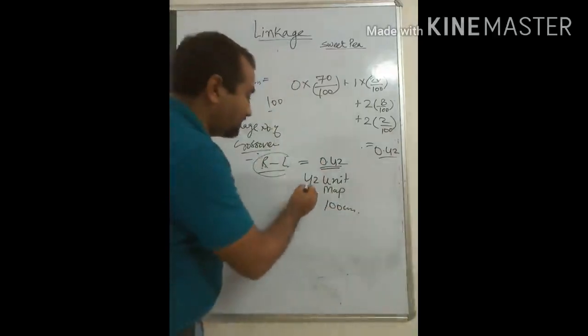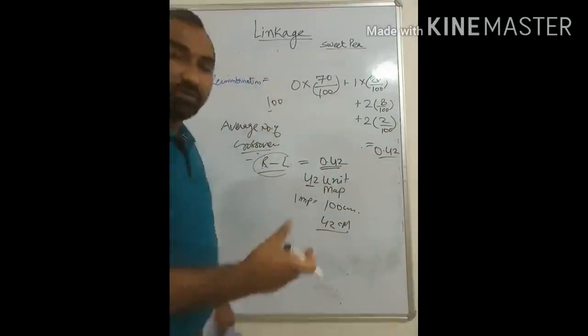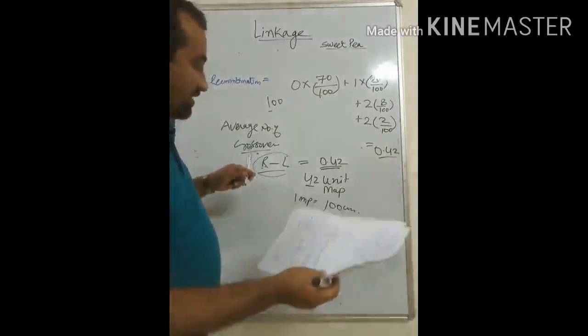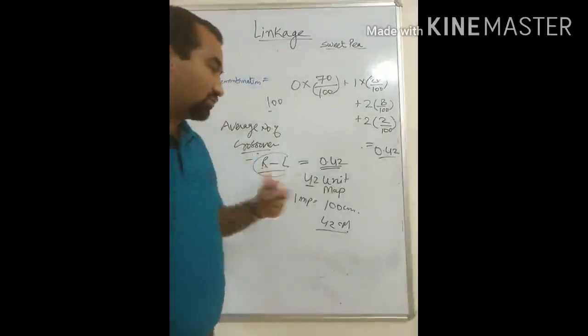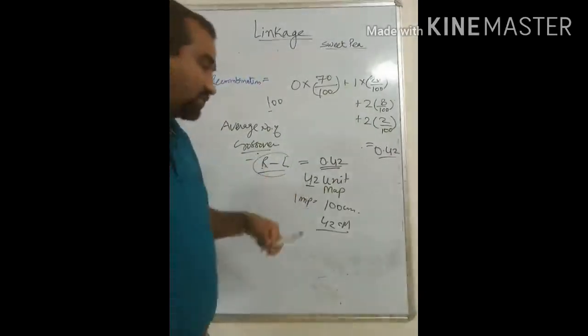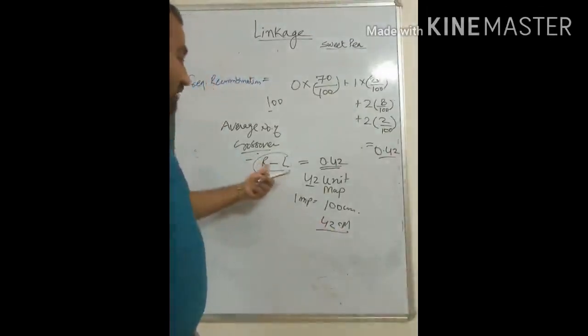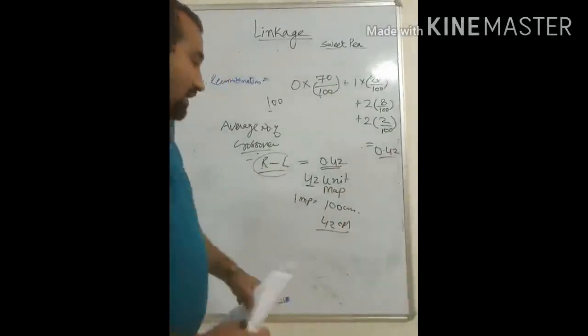So here we have 42 centimorgan. Centimorgan is the scale for calculating the distance of two closely associated genes on the same chromosome, in honor of T.H. Morgan. So here both R and L genes are 42 centimorgan apart.